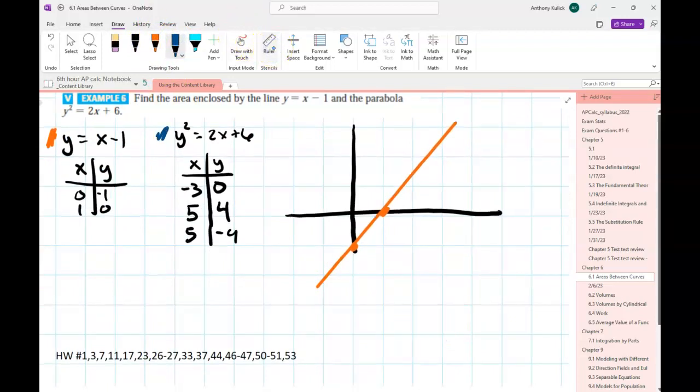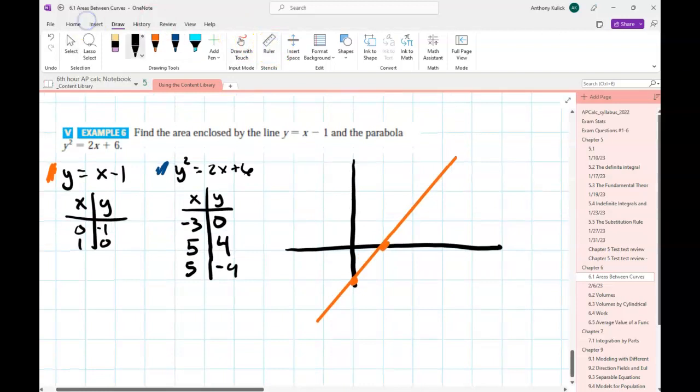I'll do this one in blue. So I have negative 3, 0. 1, 2, 3, 4, 5. 1, 2, 3, 4. 1, 2, 3, 4.